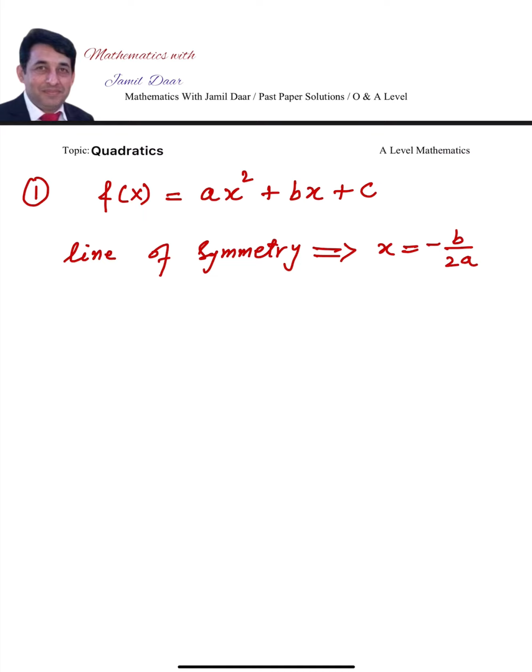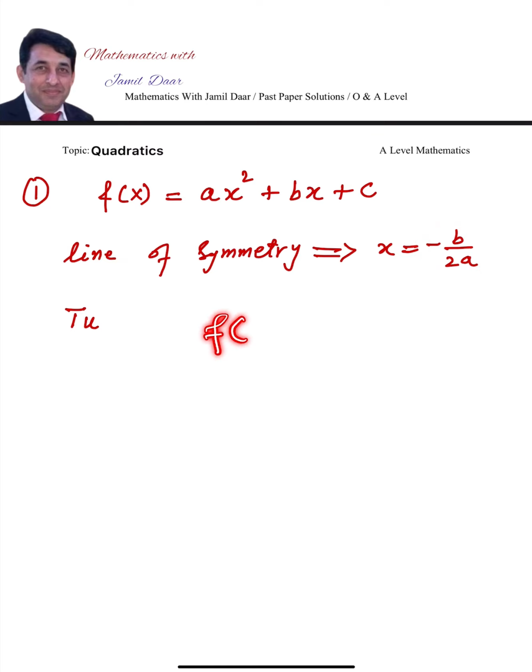So you found the line of symmetry. Once you have it, the y-coordinate of the turning point would be f of minus b over 2a.